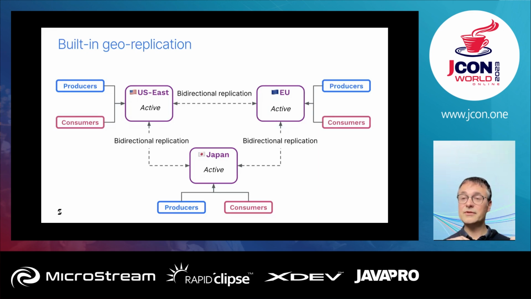And if you lose a region, you can recover from it. Pulsar can replicate the data to different regions automatically in a bi-directional way. And this is a built-in feature. So setting this up is basically about configuration. You have nothing else to install, no additional components. It's built-in.